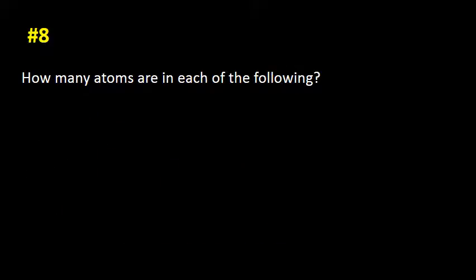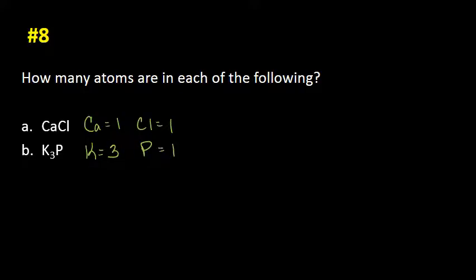Let's give this one a try again. We're just counting atoms. All right, so count them up. Calcium is 1, and chlorine, well, there's 1. How many potassiums? 3. And how many phosphoruses? 1.